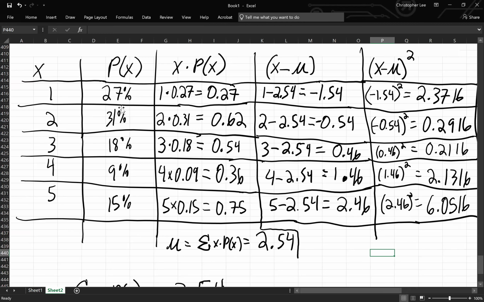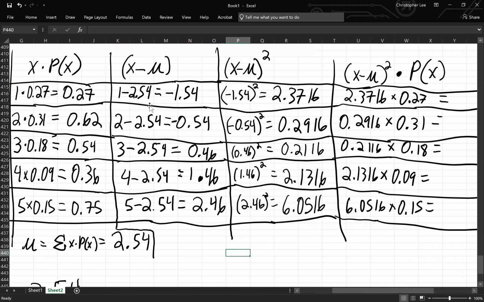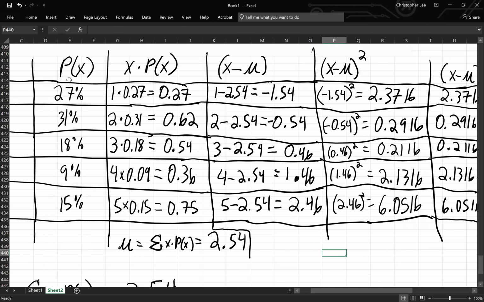You want to multiply this column by this column. Boom, boom, boom, boom, right? The next one was to take each one of the x's and subtract it from the mean. And the mean was the sum of all of these numbers. So boom, right? This next column, you're just squaring the previous answer to the second power, right? But this one, you're going to take that squared answer and multiply it by the P of x.